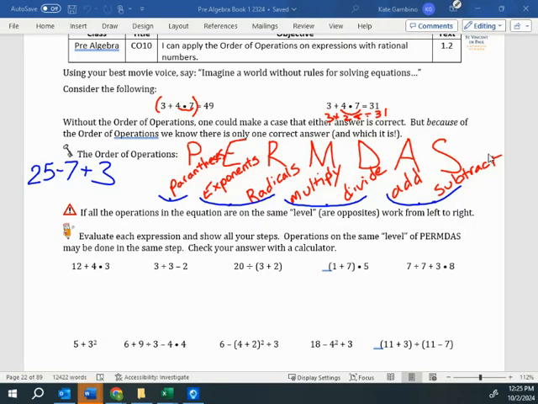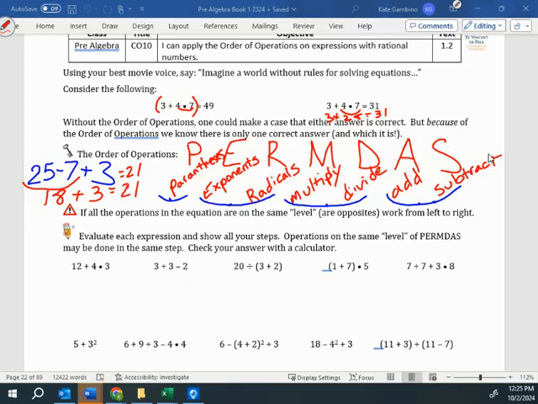What do you think the answer is? Using the order of operations, what would that be? What do you think, Christina? How did you get 21? So 25 minus 7 is 18, plus 3 equals 21.